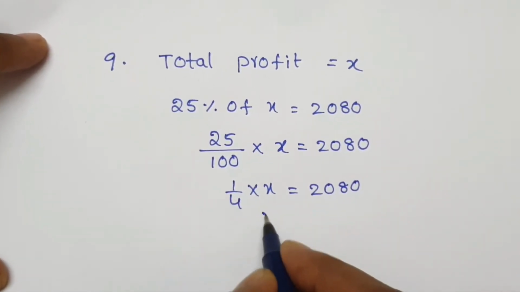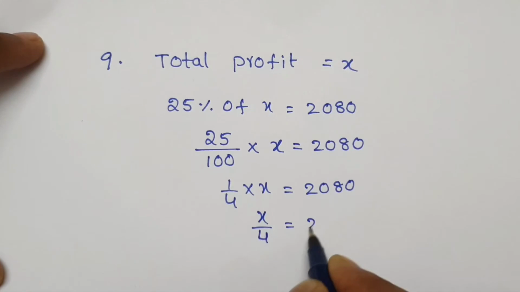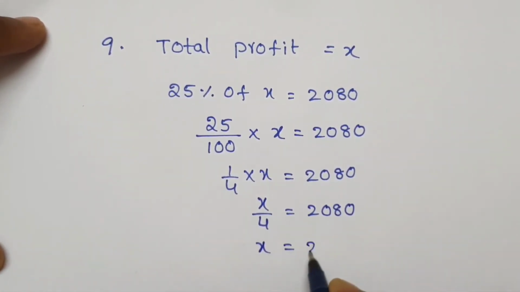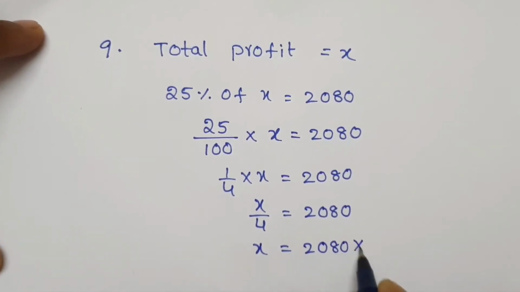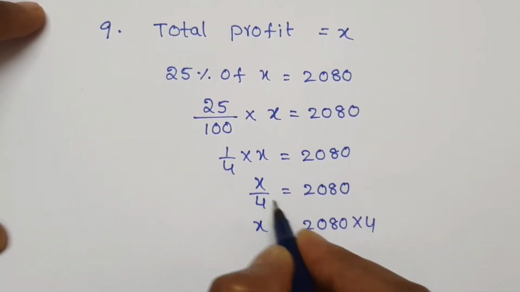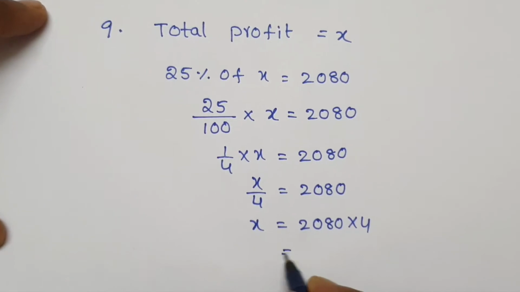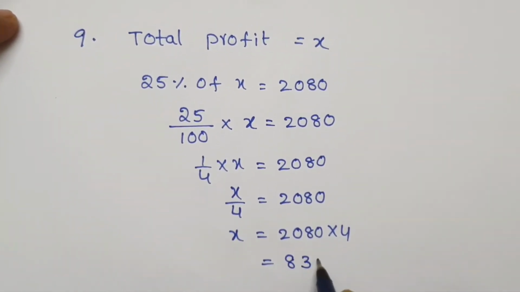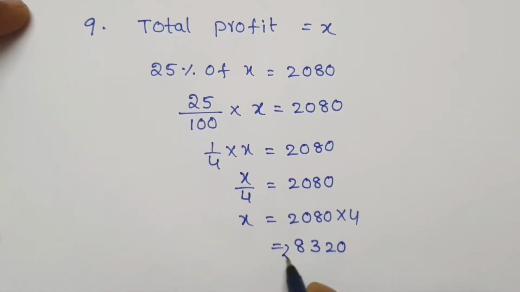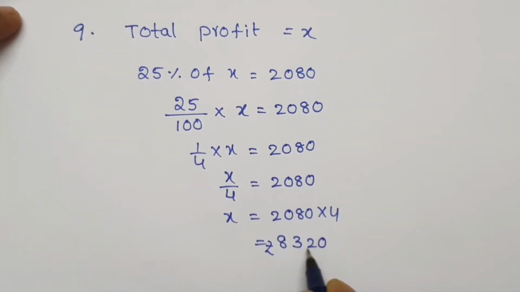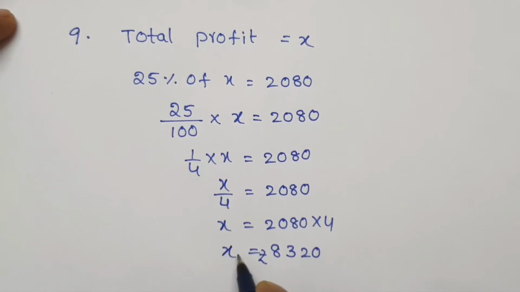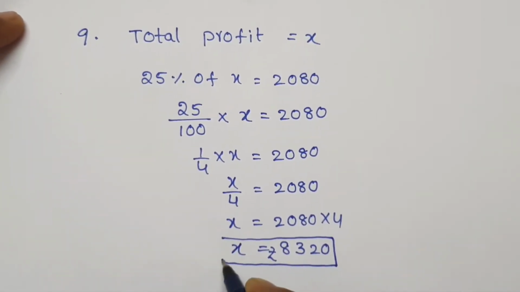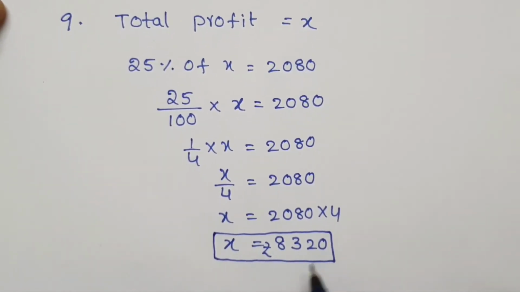X by 4 equal to 2080. X equal to 2080 into 4. Here divide is there, send that side into. 2080 into 4 is 8320. So this is 8320 rupees. Therefore X equal to 8320.